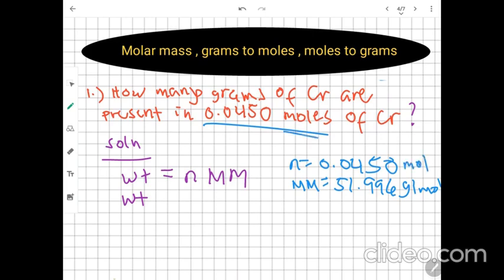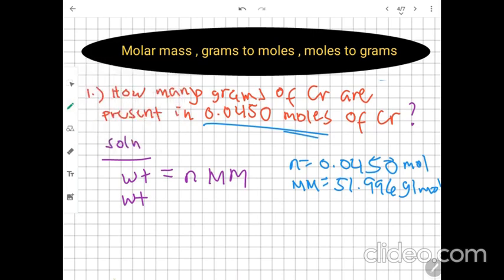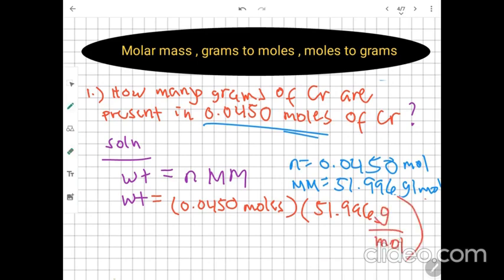Now let's substitute these values. Your n value is 0.0450 moles, times your molar mass, which is 51.996 grams per mole.